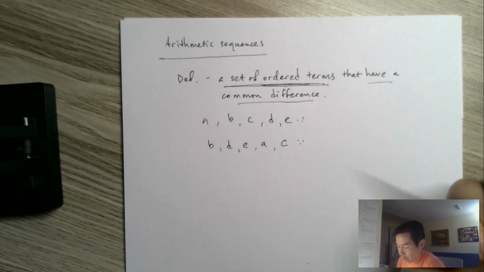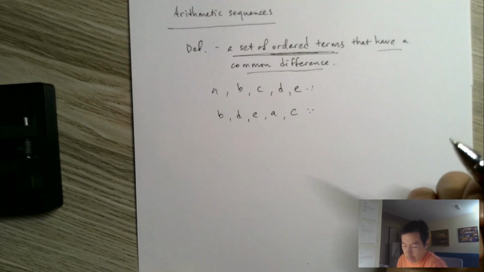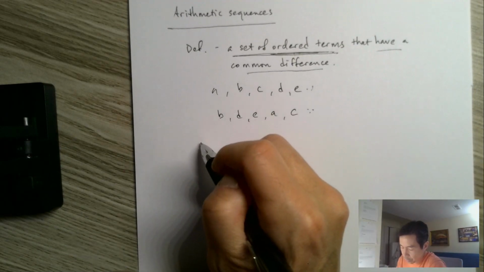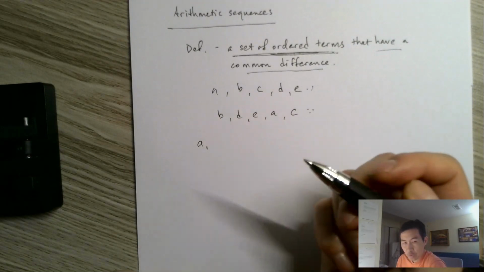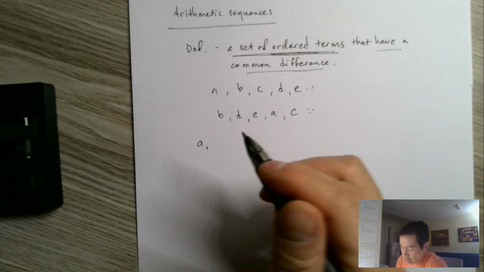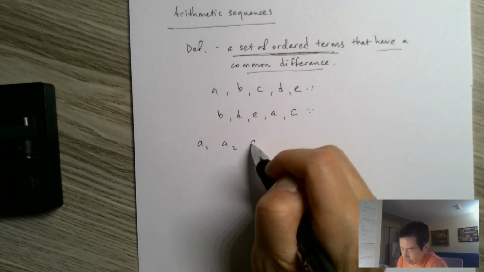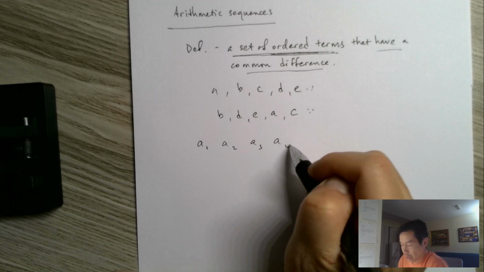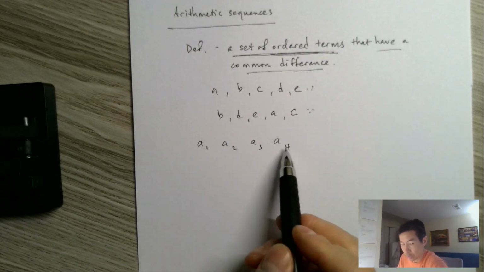What does that mean? Okay, so let's say my set of ordered terms has the first term A1, I call the second one A2, and the third A3, and the fourth A4. Okay, so this is my set of ordered terms.